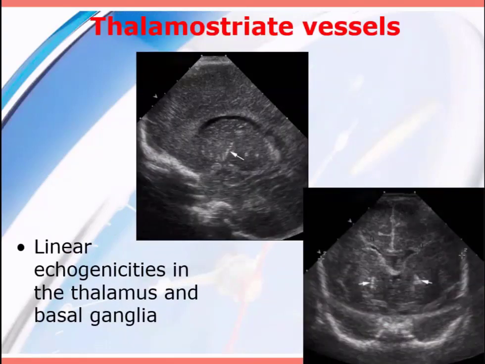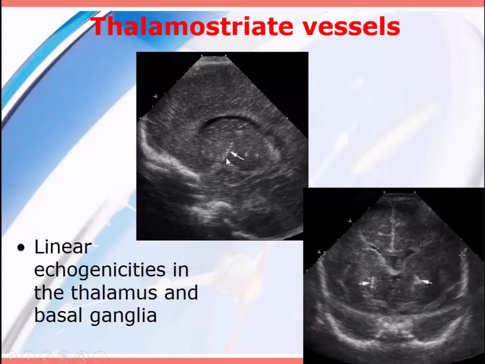Here is an example of the thalamostriate vasculopathy. Here you can see the linear appearance, echogenic lines in the basal ganglia and the thalami. And here you can see them in the coronal as punctate areas. These are thalamostriate vasculopathy, and this can be found in TORCH infection.